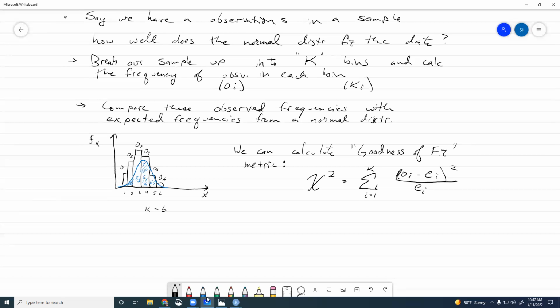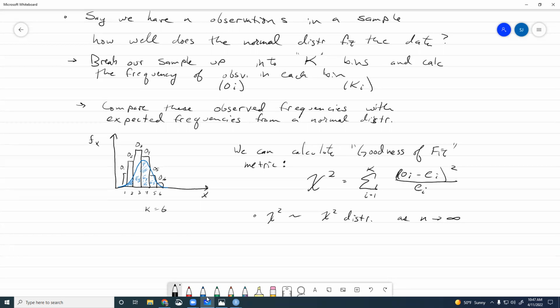And we'll note that, and this is just some underlying probability theory, that this chi-squared metric follows a chi-squared distribution as n approaches infinity. So as n increases in value, we get this.